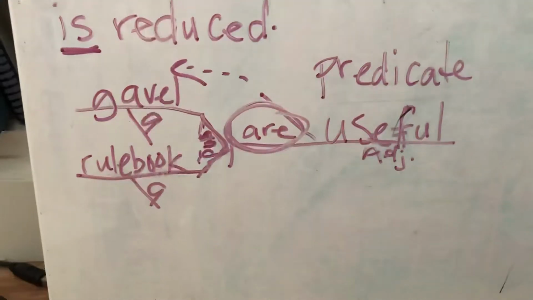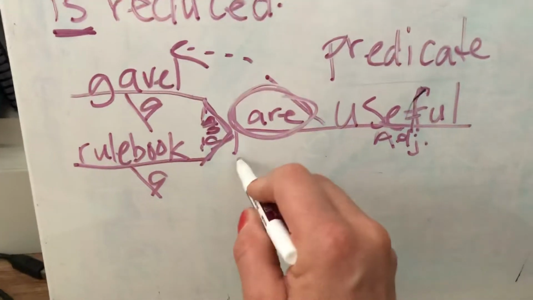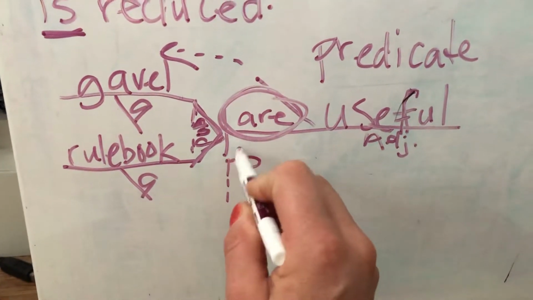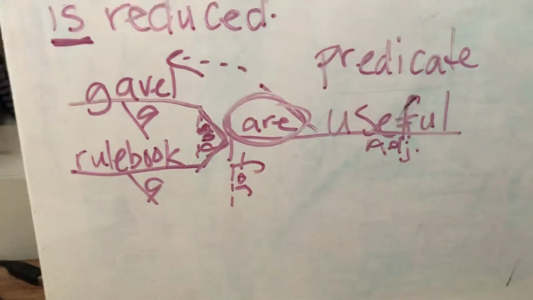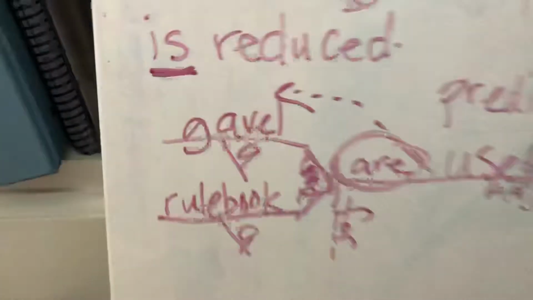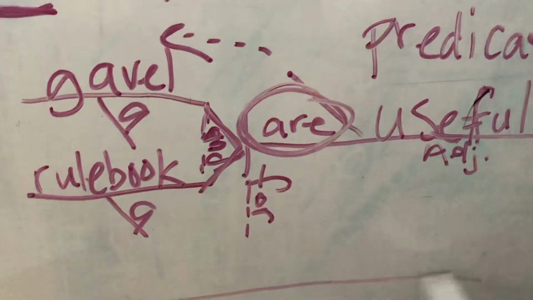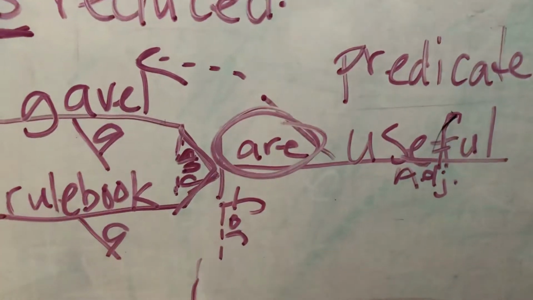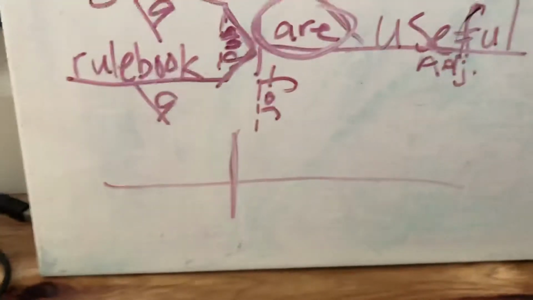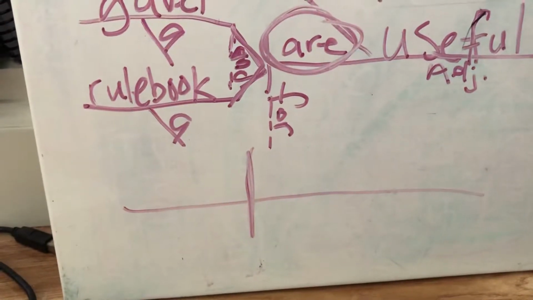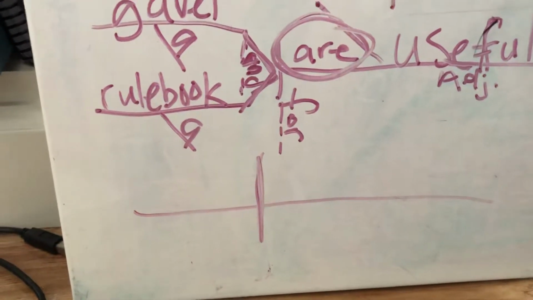So let's go to the next part of the sentence, which is joined by our little conjunction, our conjoined "for," okay? And it's going to connect these two sentences together. And here's my little bare bone, backbone, whatever you want to call it.